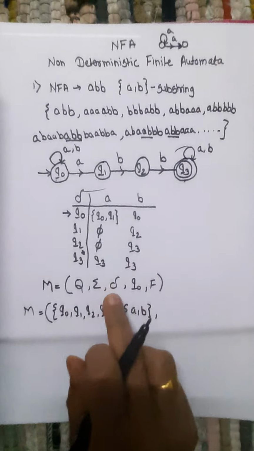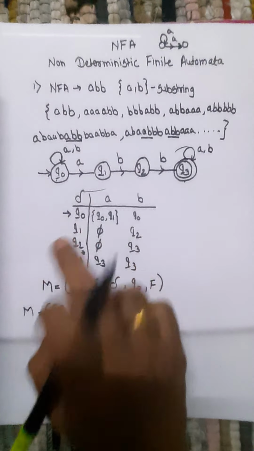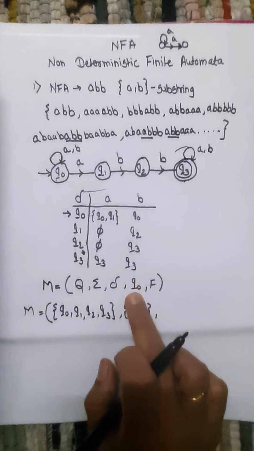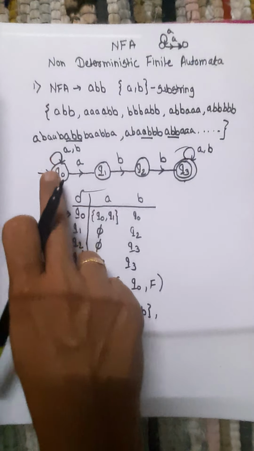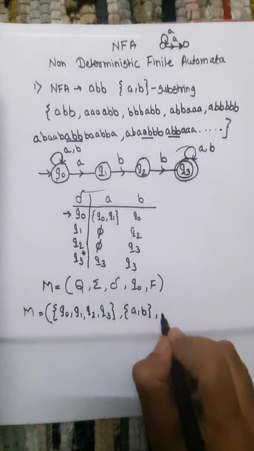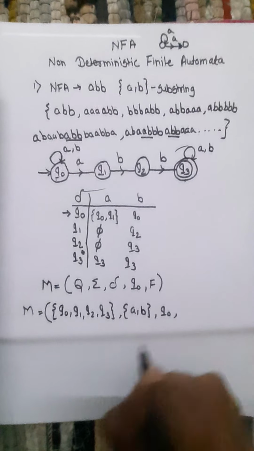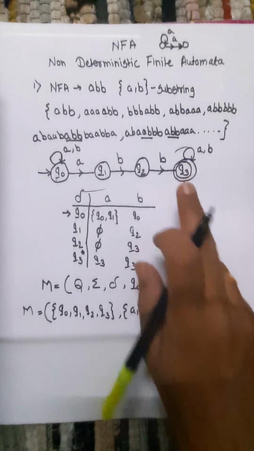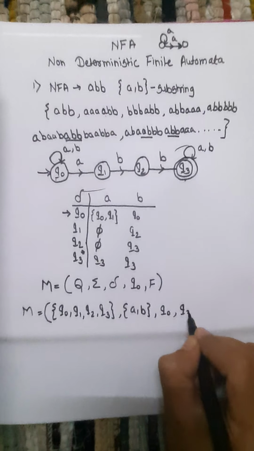What is the delta? Delta we have already drawn. Next we will move to Q0, which is the initial state. From this NFA, the initial state is Q0 itself. So I am writing Q0, and the final state is Q3. So this is Q3.